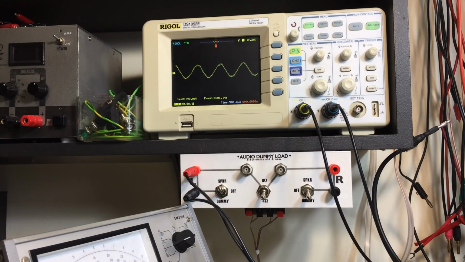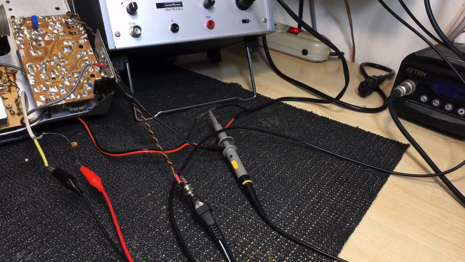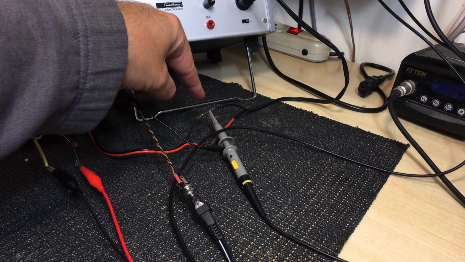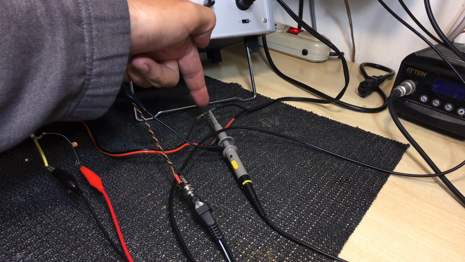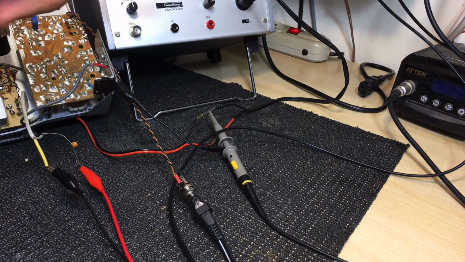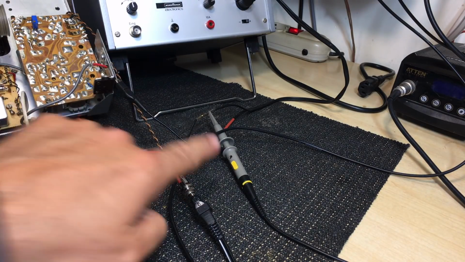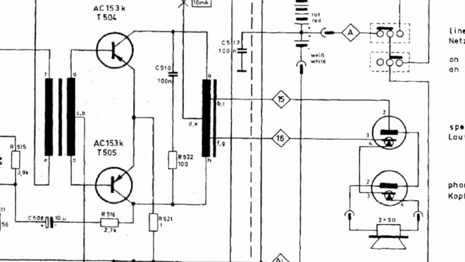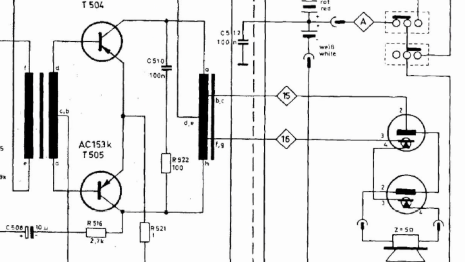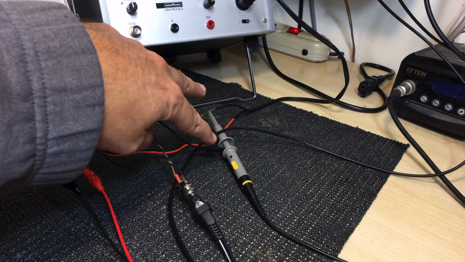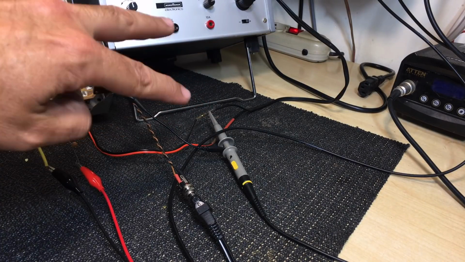Now here's where we have to be careful. I've got the scope connected to one of the outputs. In other words, it doesn't matter which one, the negative or the positive. I have not connected the ground to the other side, and the reason is, this thing is push-pull. Neither of them is actually ground. I don't want to create a ground loop and a short, so I have to make sure that whatever I connect on there is isolated from mains ground.